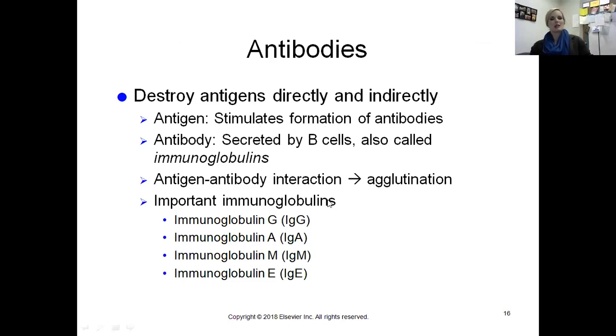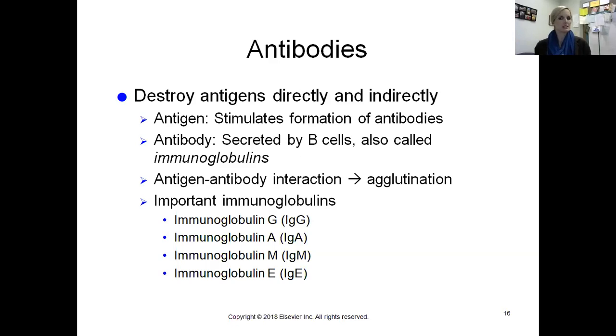So antibodies, again, their job is to destroy antigens, sometimes directly and indirectly. Meaning sometimes an antibody's job is to just directly attack and destroy these antigens. Sometimes antibodies work a little bit differently.